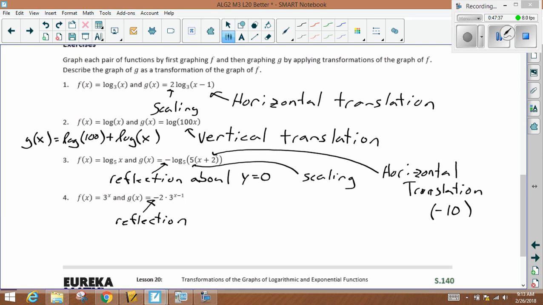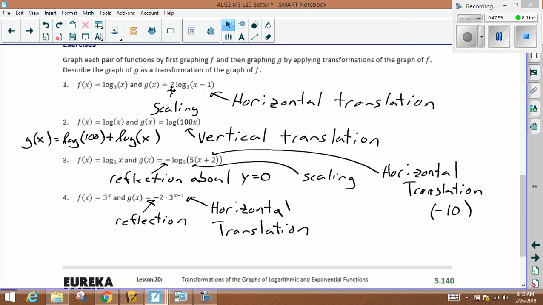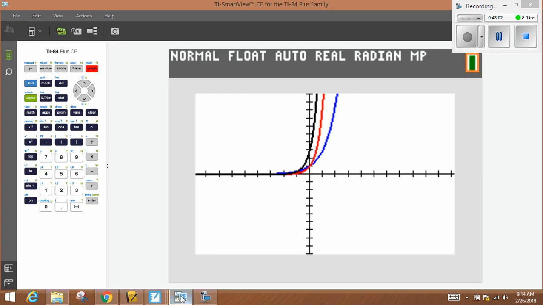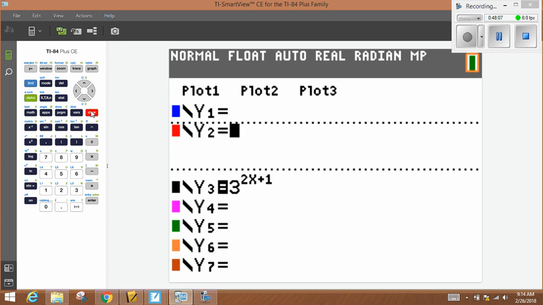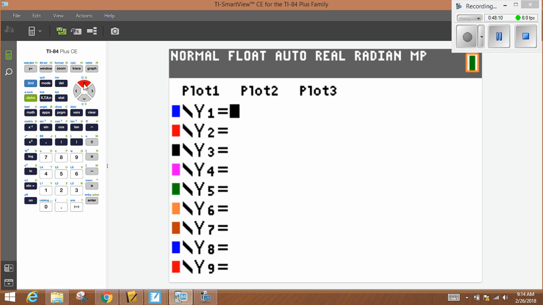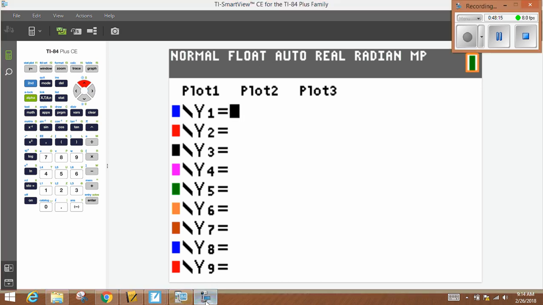And actually, let's take a look at the graph of this one. It's going to be very interesting. It's going to be horizontal. Let's look at this in our graphing calculator. Go ahead and do that on your own. I gotta cut this video short.